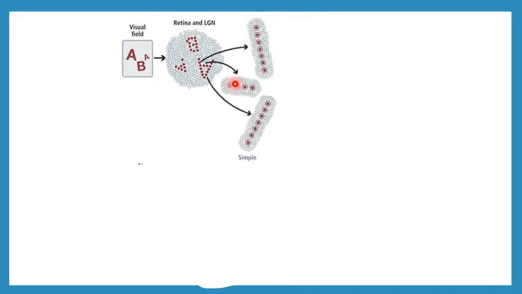in detail. Say for example, when I show this image to the retina, an inverted image will be formed on the retina as well as the lateral geniculate body. Okay, and this in turn by means of the optic pathway will reach the cortex and will be processed by simple cells. So you can see that the simple cells are more concerned with the orientation of these lines, right?